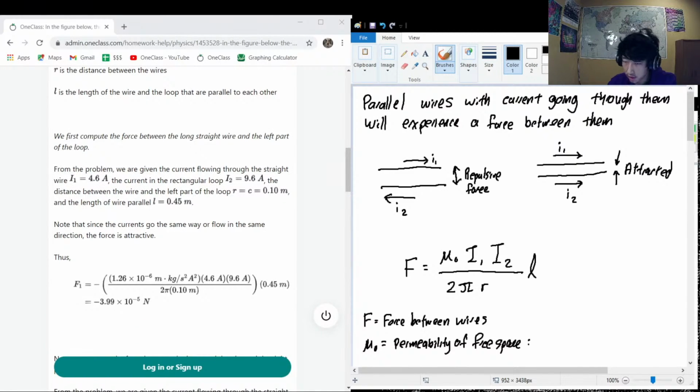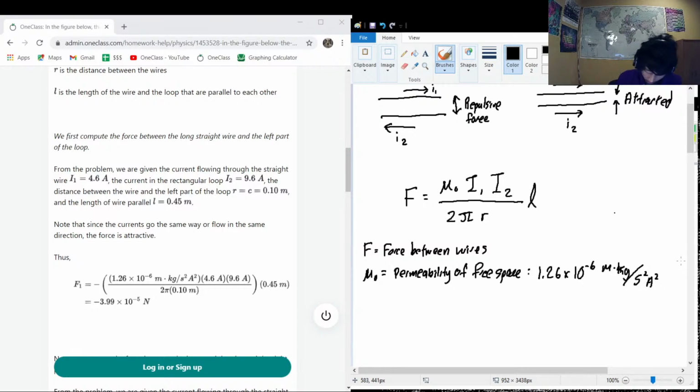So that's going to be 1.26 times 10 to the negative 6 meter per kilogram second squared ampere squared. Okay, I1 and I2 are the currents in parallel wires.